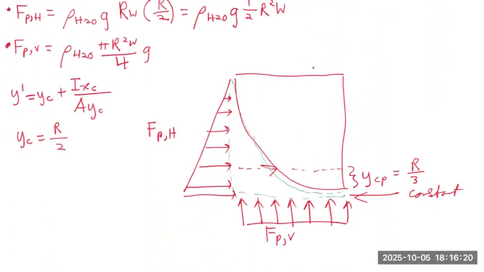And what about IXC? IXC is the second moment of area, or the area moment of inertia about the horizontal axis through the centroid.